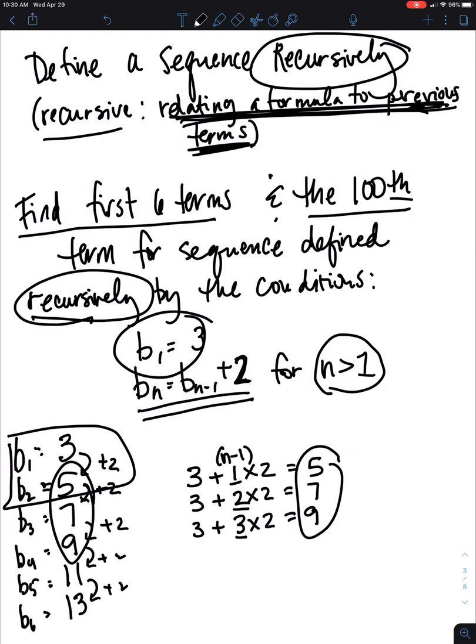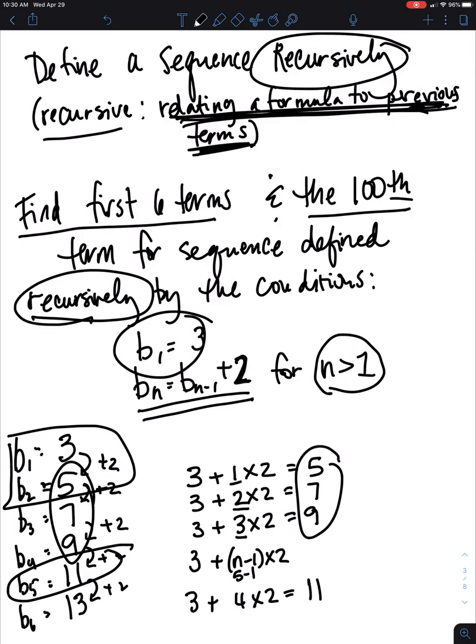This number is like the n minus 1. So let me show you. We're looking for the 5th term, so we're going to say n minus 1 times 2. The 5th term, so that'd be 5 minus 1. So 3 plus 4 times 2 equals 8 plus 3, that equals 11, and that's what we have.